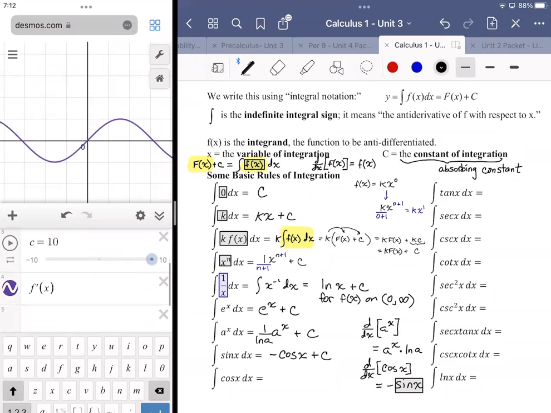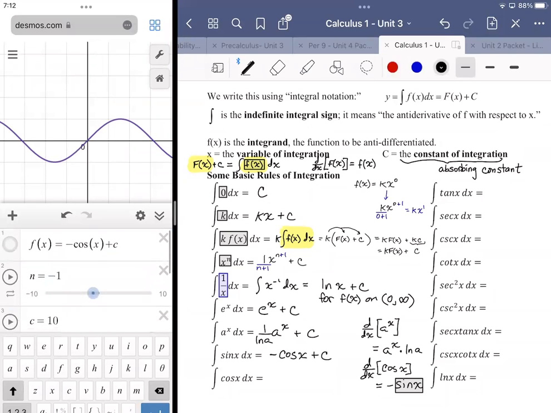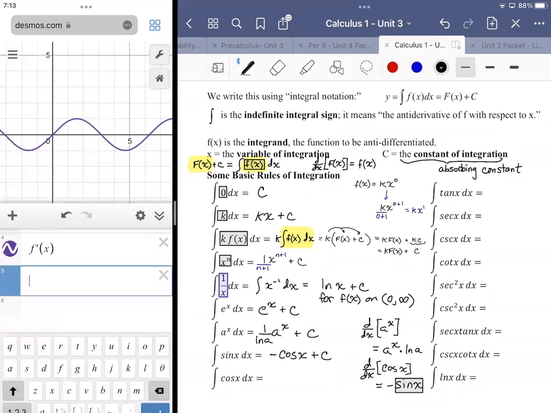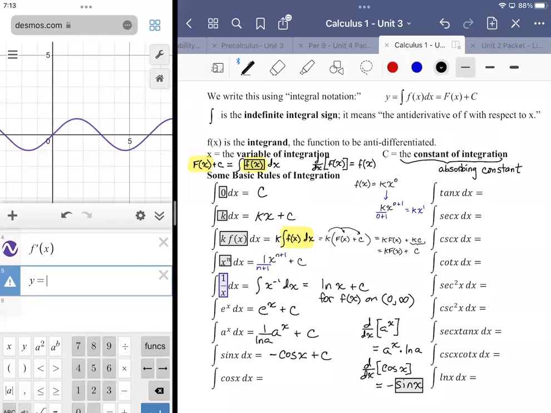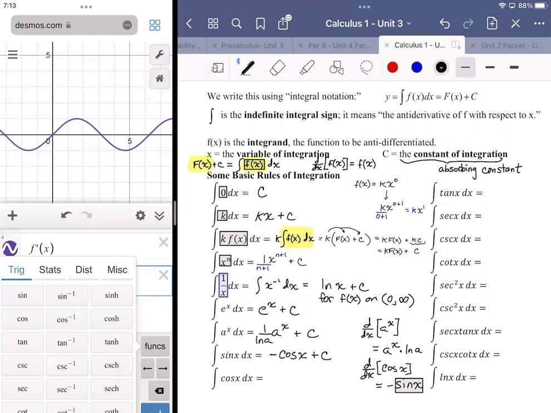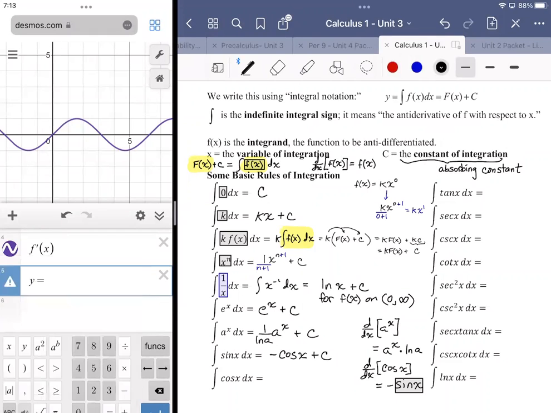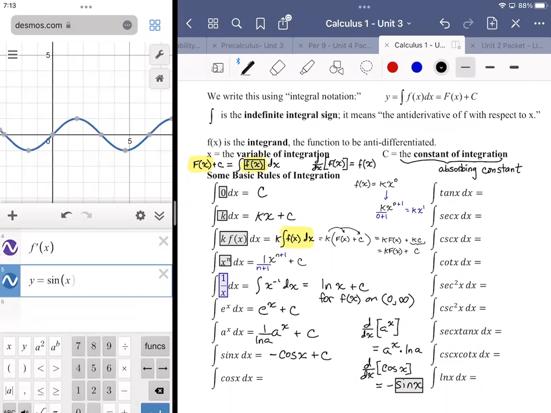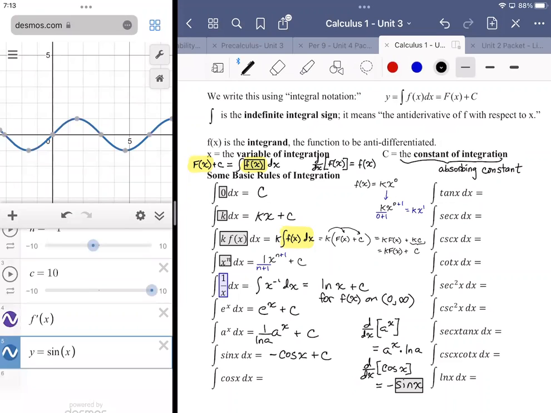And if you don't recognize this as being the sine function, then you type in y equals the sine of x to really convince yourself. Sine of x. You see, we got a match here. So we are in great shape. It's the same function.